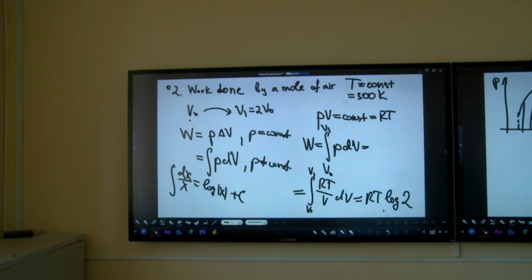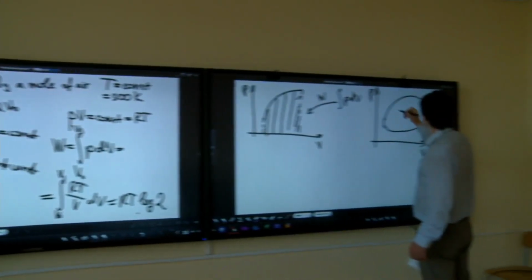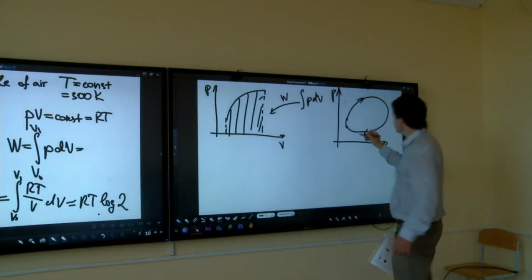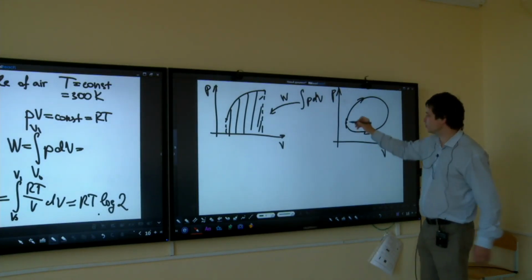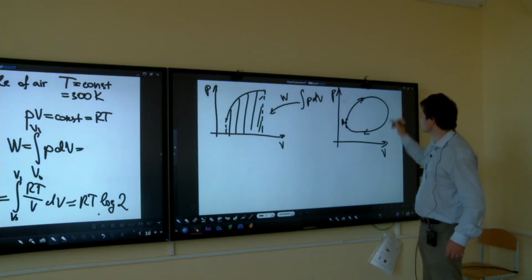Okay, and if you have a cycle, so a process which is repeating, then something like this in a single cycle, from this point A to this point A again.